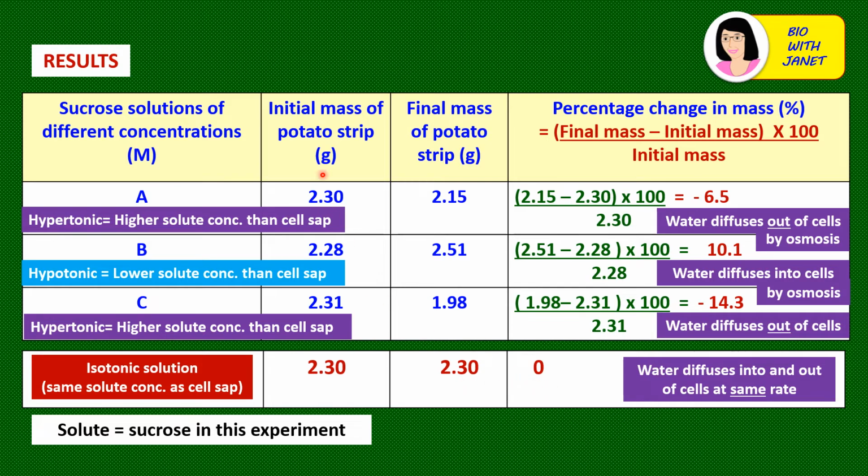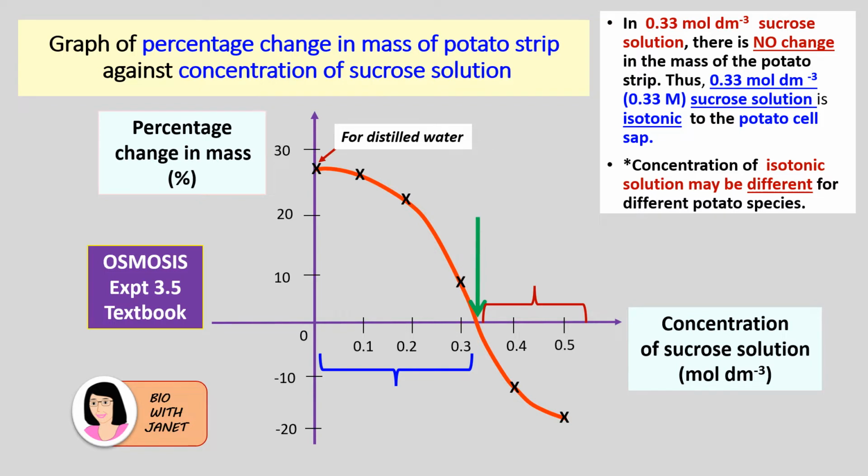Okay? So I hope you remember and know how to explain what happens to the potato strip in the different types of solutions. Right, now in our experiment that we discussed just now, we did not know the concentration of the sucrose solutions. But for an alternative question, let's say that you were also told the concentration of the sucrose solutions.